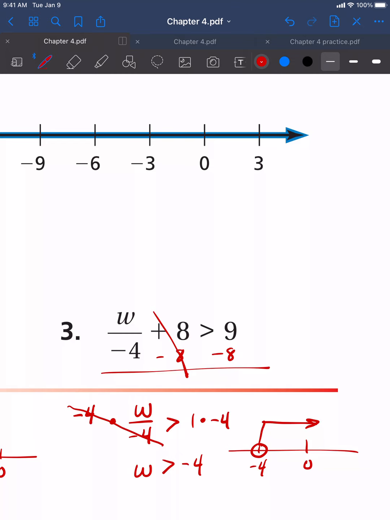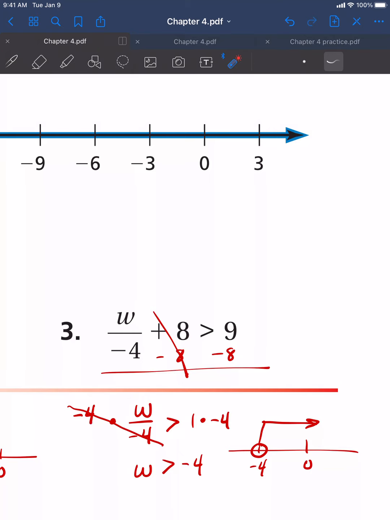On number 3, we took notes on this one too. I'll wait till you guys are done writing. Did I multiply or divide both sides by a negative number? Yes. Which one? Negative 4.